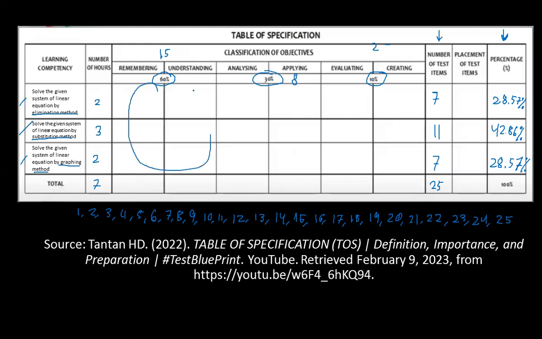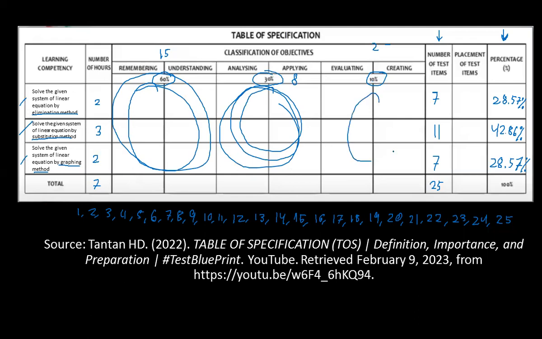So, ibig sabihin nun dito, dapat in total of 15 items siya. Okay? Dito sa dalawang columns na to, dapat 15 items siya in total. Dito sa analyzing and applying, ganun din, pero 8 items in total. Okay? So dito naman sa evaluating and creating, dapat dito sa dalawang column or isa sa kanila ay 2 items.